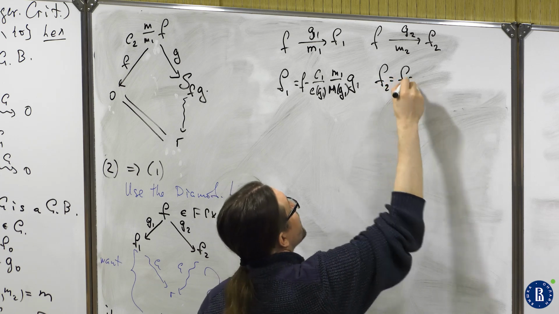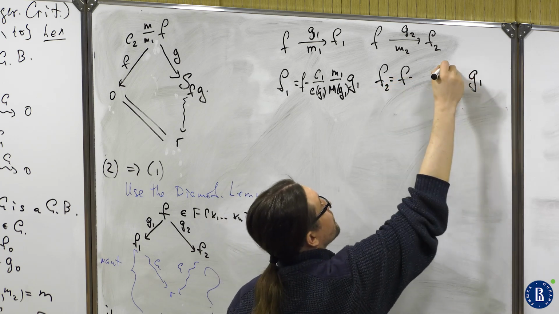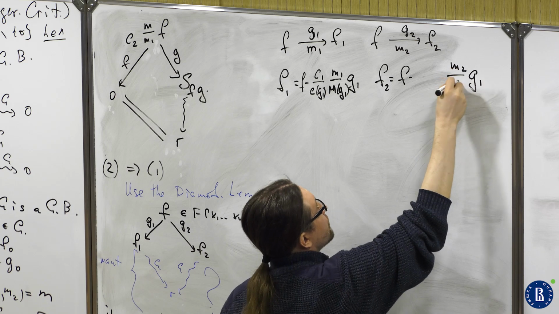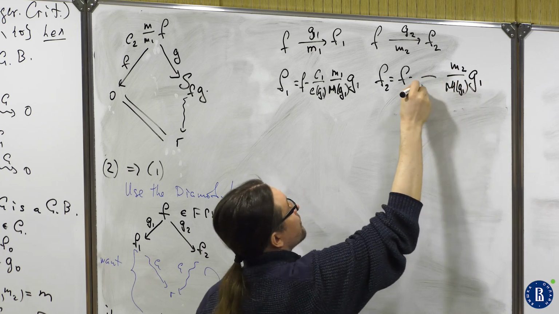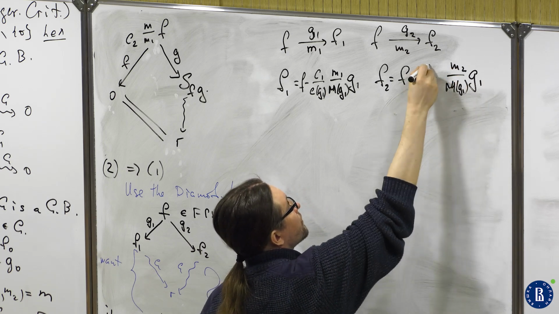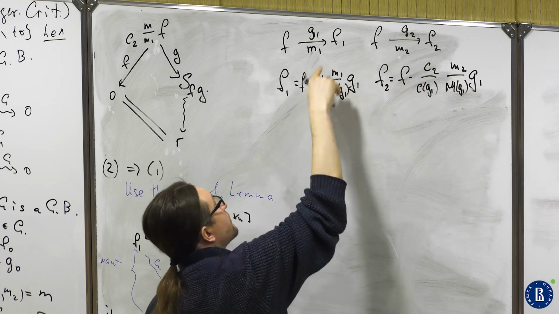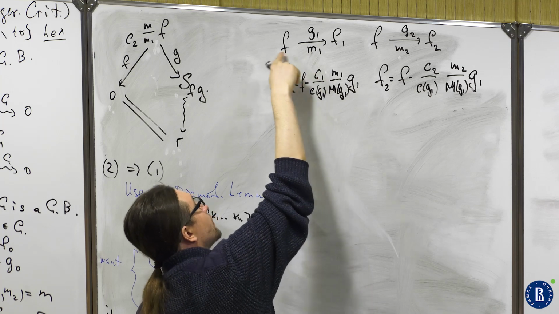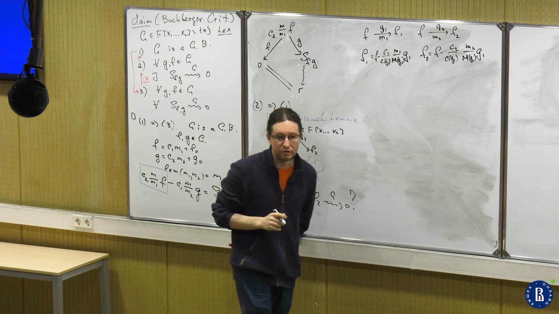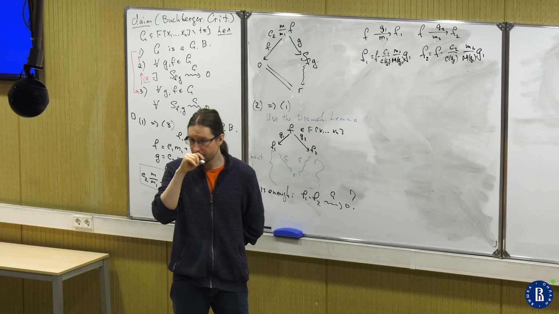This is F minus G2 times M2 over the leading monomial of G2, divided by the leading coefficient of G2, times C2, where C2 is the coefficient near M2 in F, and C1 is the coefficient near M1 in F. These are just, by definition, these things.